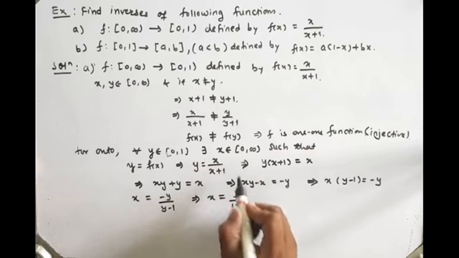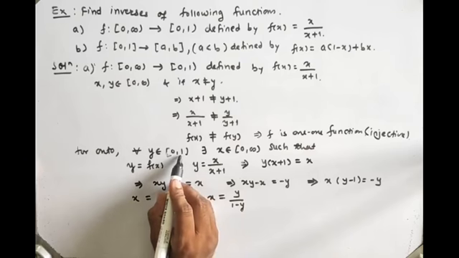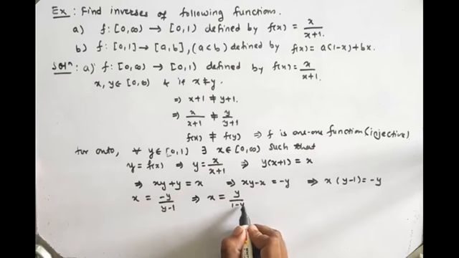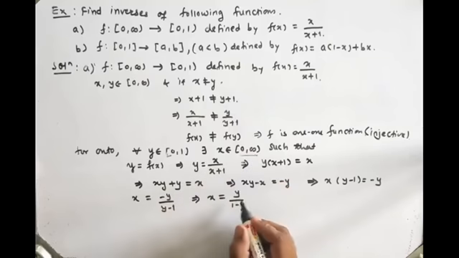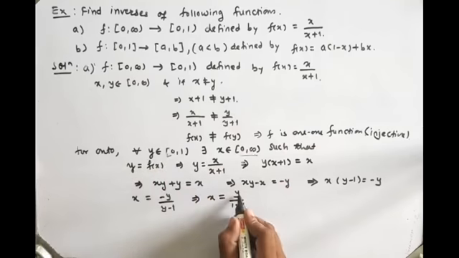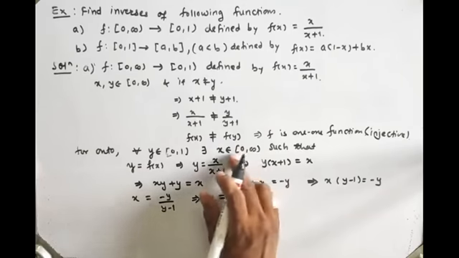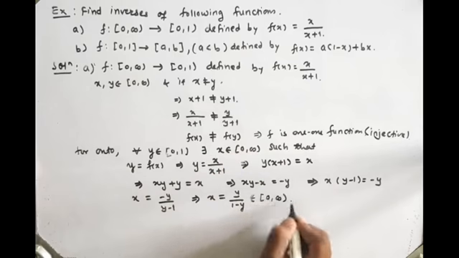So to check x belongs to 0 to infinity, if I put y equal to 1, then I get 1 upon 0, which is infinity. If I put y equal to 0, then I get 0 upon 1, which is 0, which belongs to the closed interval 0 to infinity.